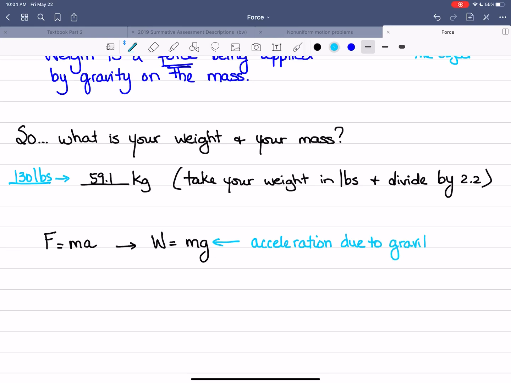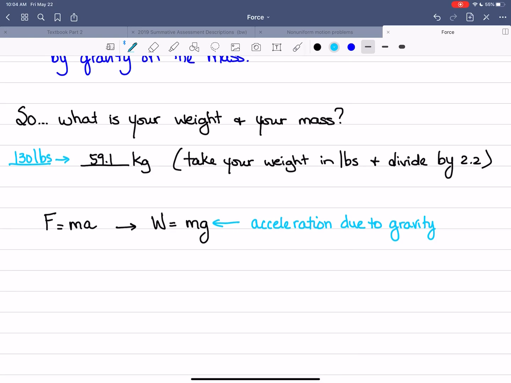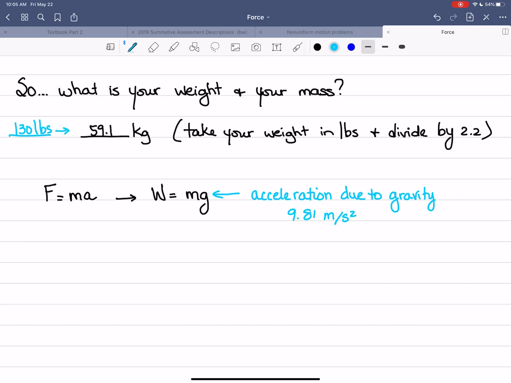Any object on Earth is going to have the same acceleration due to gravity. When you go onto a different planet or on the moon, or when you're in space, your acceleration due to gravity is going to be different. But on Earth, it is 9.81 meters per second squared. That's how much we are accelerating towards the middle of our planet, right?